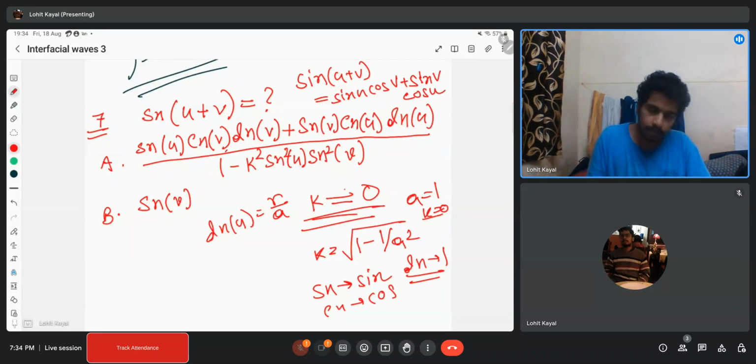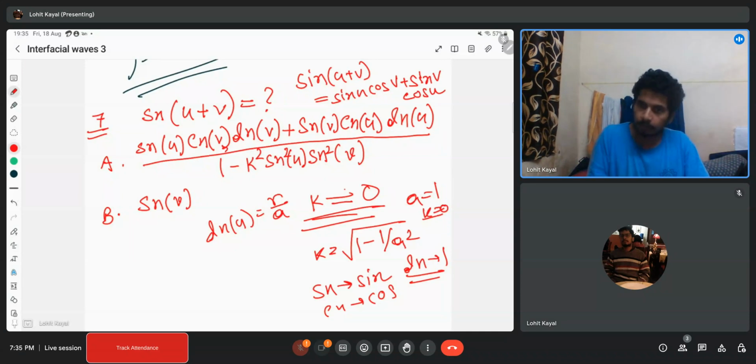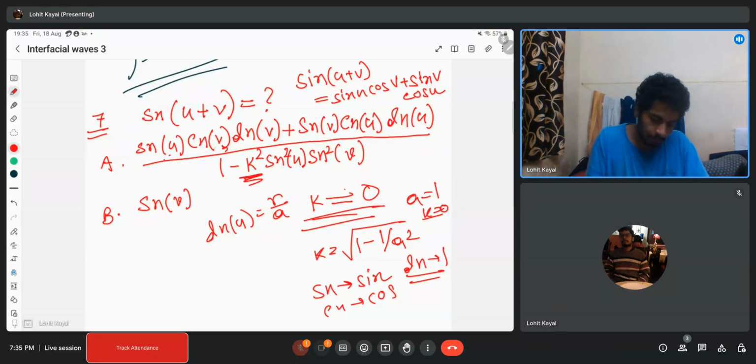Now if we substitute at the k equal to 0 limit, it should be true, because there is no restriction on the value of k. So it will be sn u cn v dn v, where dn v is always 1, plus sin v cos u into dn u, that is also always 1, divided by 1 minus k square terms, which is 0, so divided by 1. So you will see that this is the correct expression.